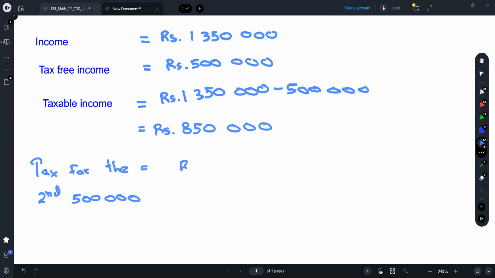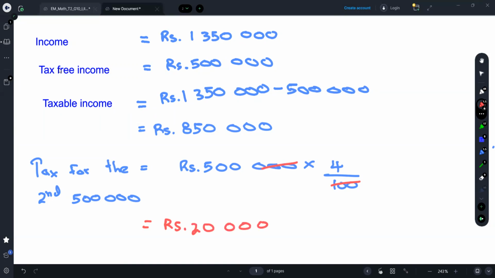Then I can do this like this. 500,000 multiplied by 4%. Then these two zeros can be removed, equals to rupees 5 times 4 is 20. 3 zeros are remaining. 20,000 for the first 500,000.